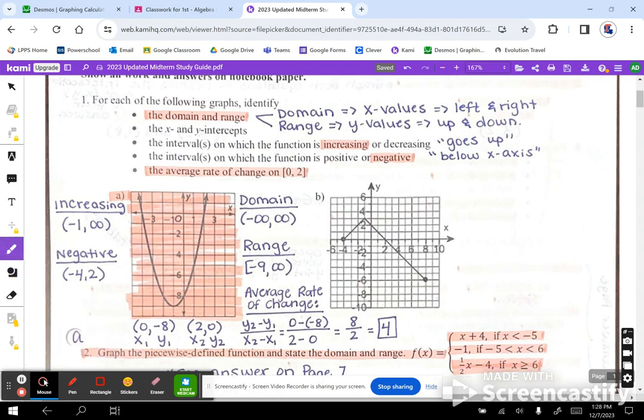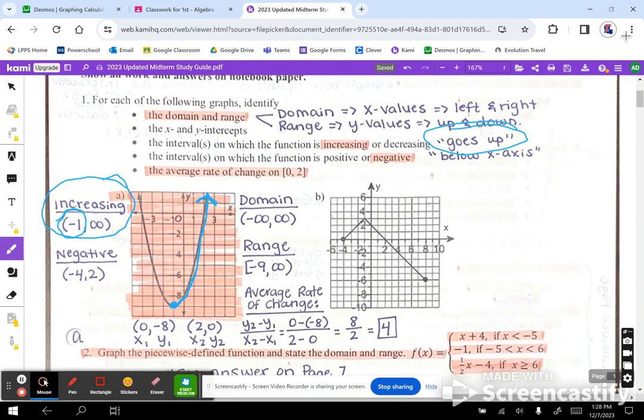Okay, now increasing. Increasing means goes up. I have the note here, goes up from left to right. So if I want to highlight that part of this graph that goes up from left to right, it starts at this point and it covers all of this graph to the right direction here. This is your x value. Remember, your intervals for increase, decrease, and positive and negative are all written with x values.